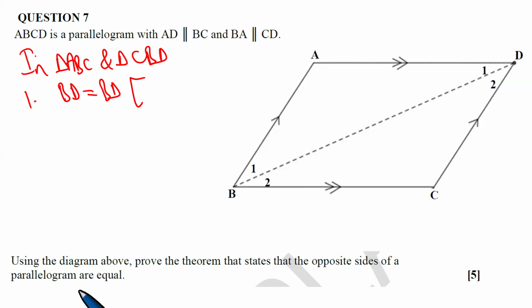Let's just say here, triangle ABD, and then take CBD and realize that BD equals BD because it's common.